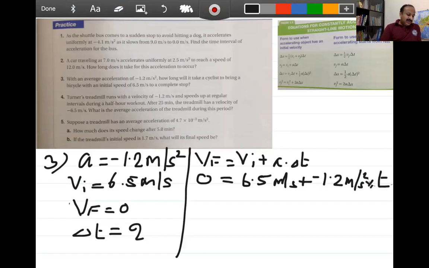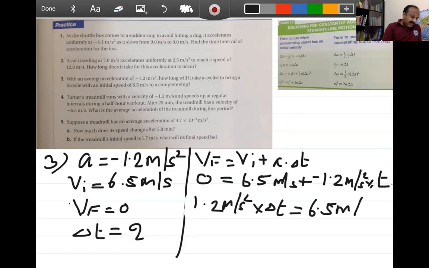And now, since you need to solve, this is 0, I'm going to bring this acceleration times t to the left hand side. Okay, so this is minus. When you bring this minus to the left hand side, it will become plus. So 1.2 meter per second square times delta t equal to 6.5 meter per second.